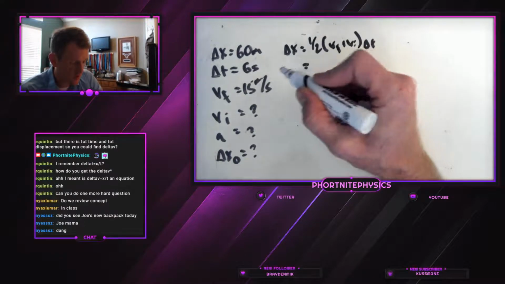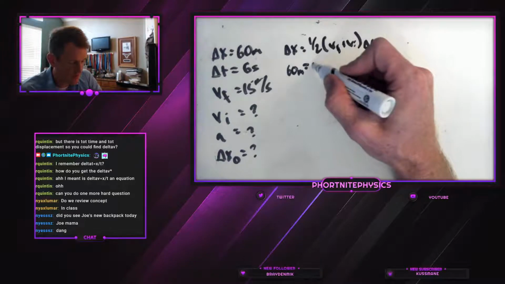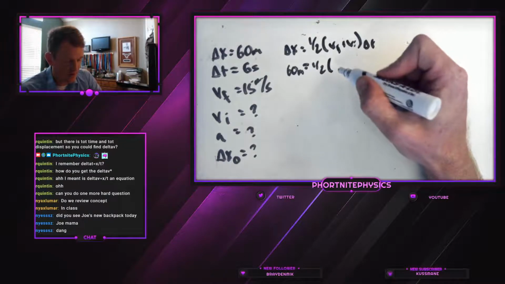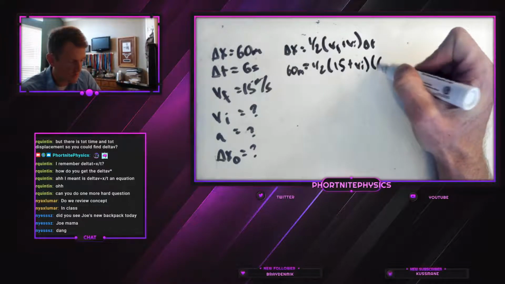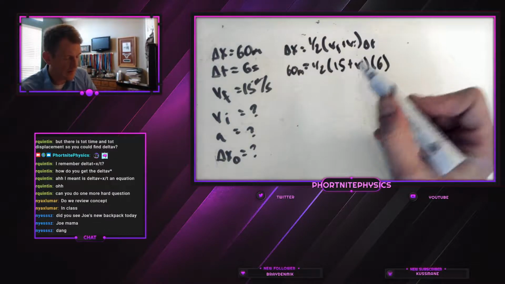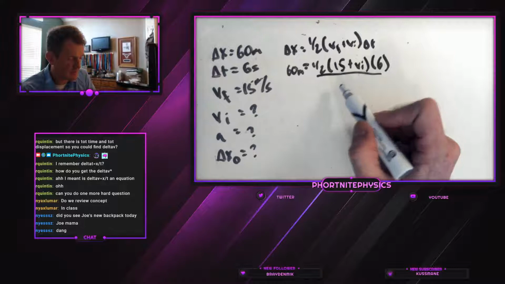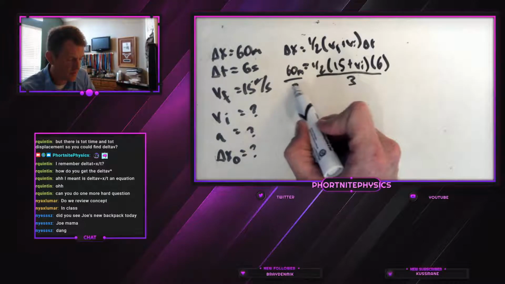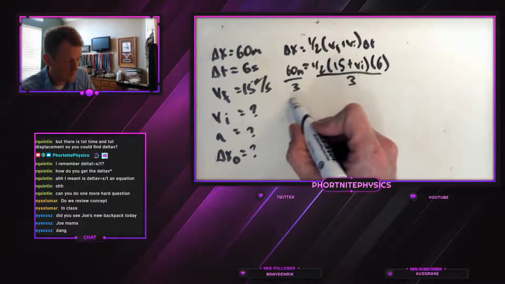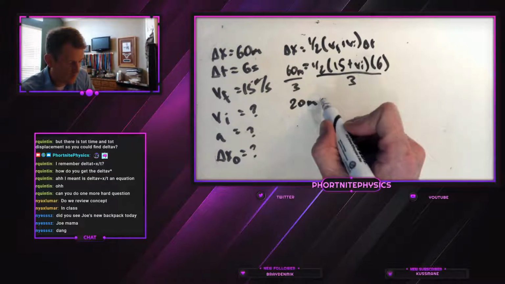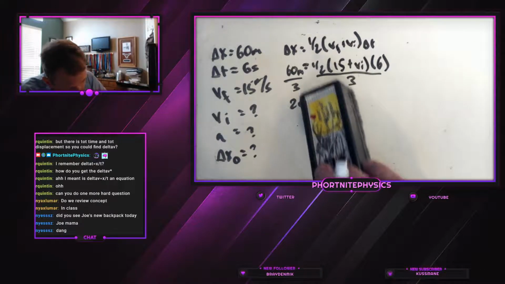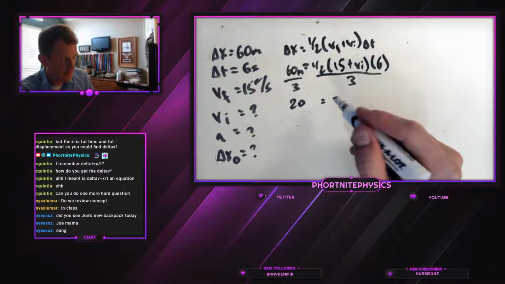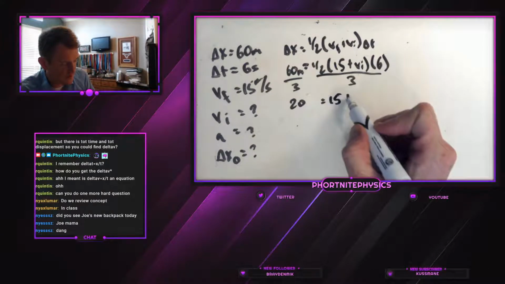We know it's 60 meters, 1/2 (15 plus whatever the VI was) multiplied by 6 seconds. If we divide both sides by 1/2 of 6, or 3, we end up with 20 equals 15 plus VI.